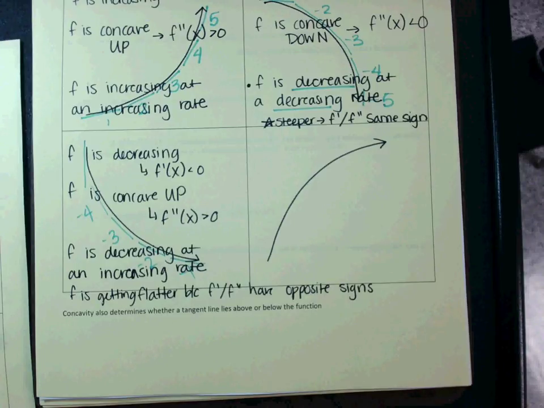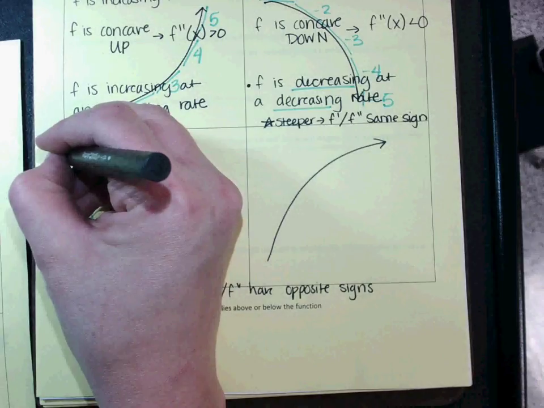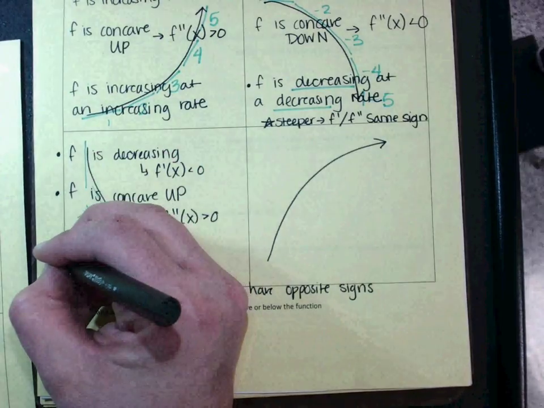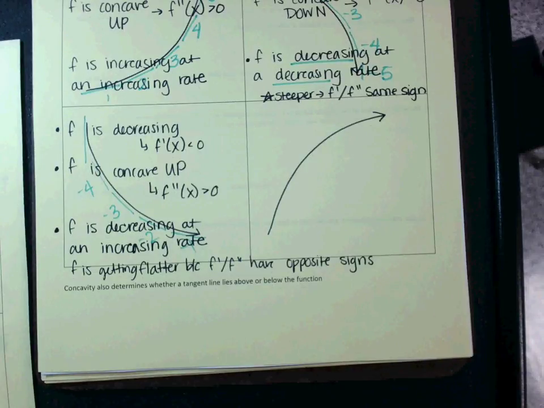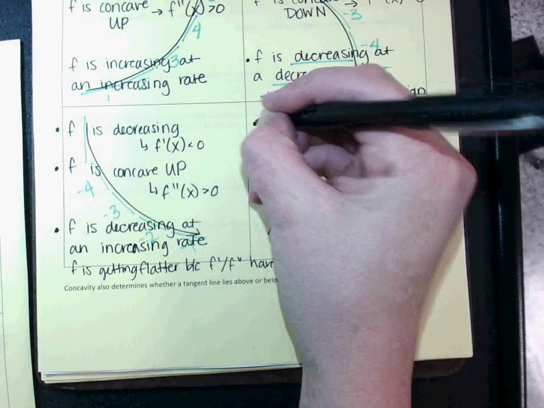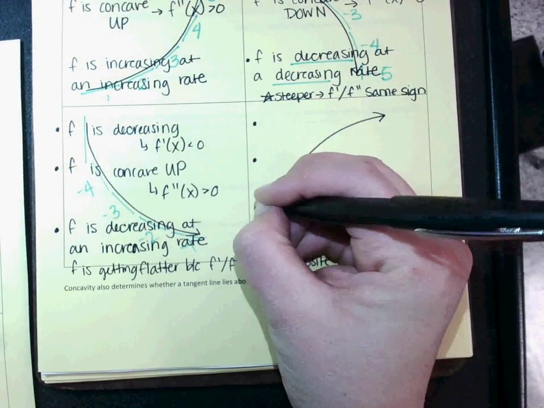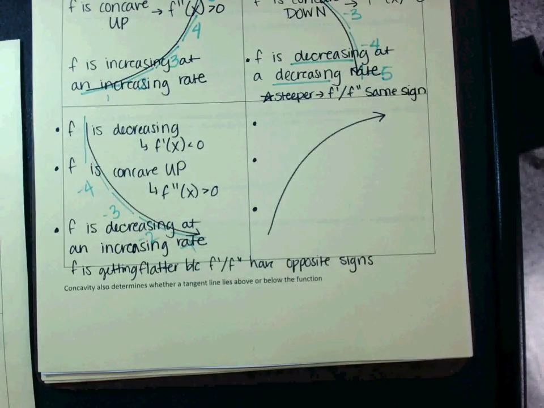Okay, so you fill in the last part. So 3 statements: increasing or decreasing, concavity, and then the long statement at the end. Think about all 3 of those things. Okay, what would I put first?